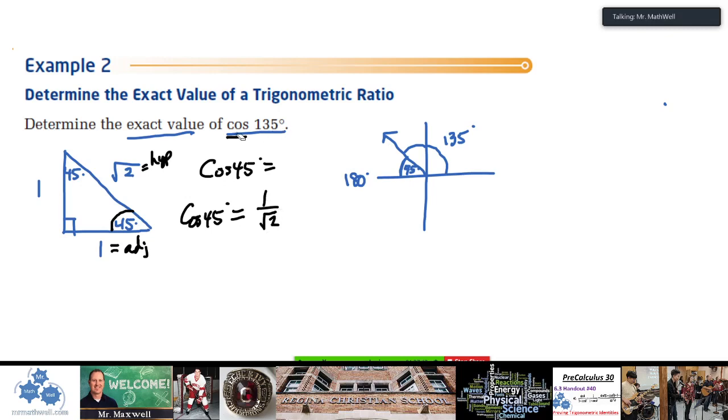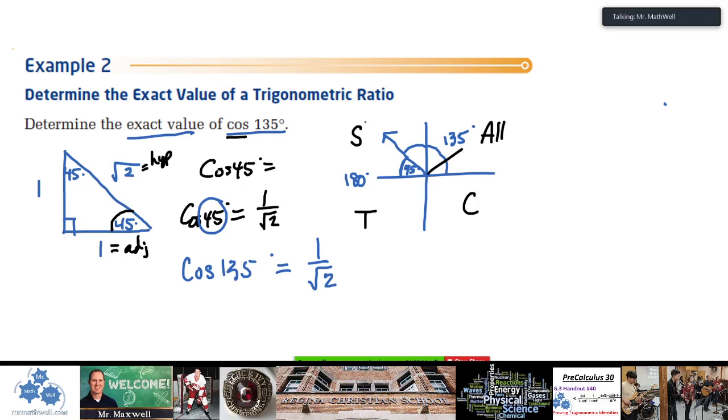So finally, how does cos of 45 relate to cos of 135? If you remember from the lesson, cos of 135, because 45 is its reference angle, is going to be exactly 1 over root 2. It's the exact same number, with the one exception that it may be negative. So here's your CAST rule: all angles are positive in the first quadrant.